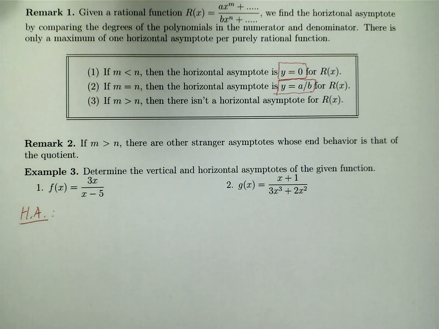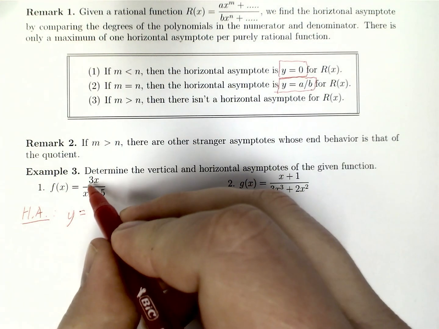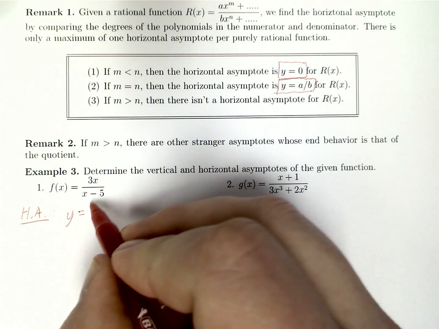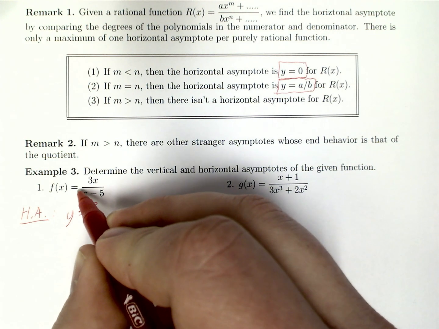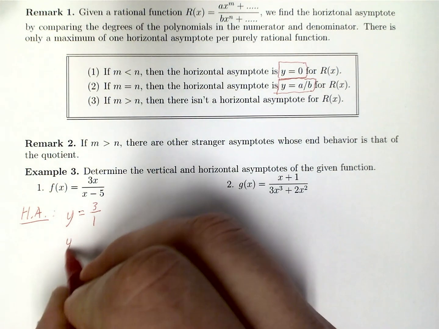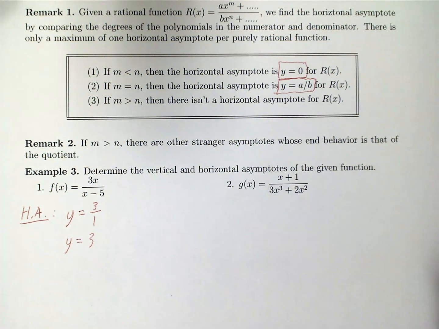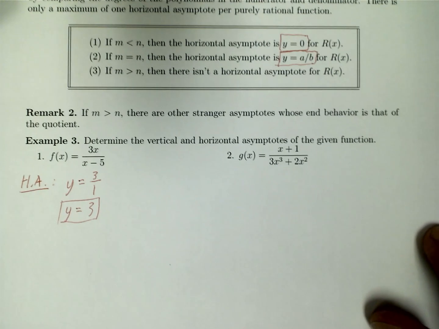So if they have the same degree, what is it? Well, it's the leading coefficient over the leading coefficient. The leading coefficient here is 3. The leading coefficient in the denominator, if it's not written, is assumed to be 1. So 3 divided by 1, which is 3. And this is the horizontal asymptote.